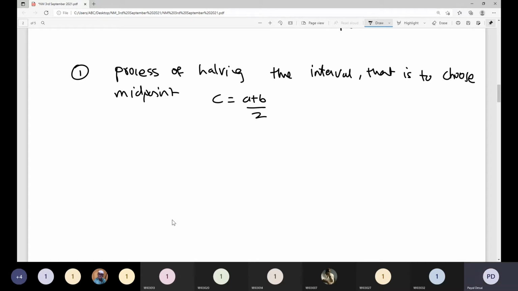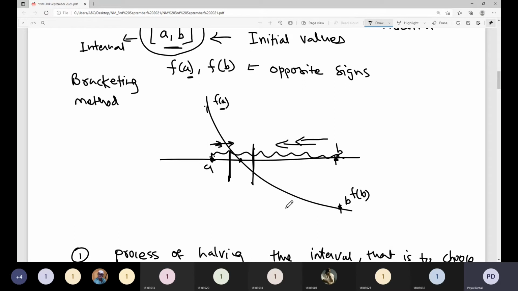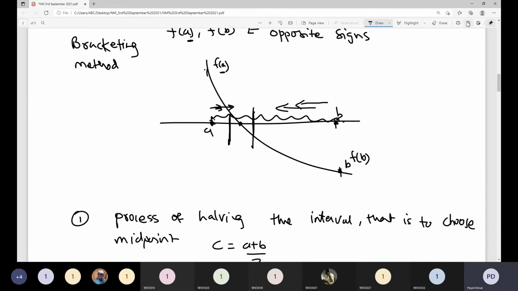And now a very important part is coming that you have to see. The first step I tried to explain to you, because hypothetically, of course, and in reality also, later on we will investigate, we will see that hypothetically my root is here, but my interval I started with is here. That means I need to squeeze my interval.